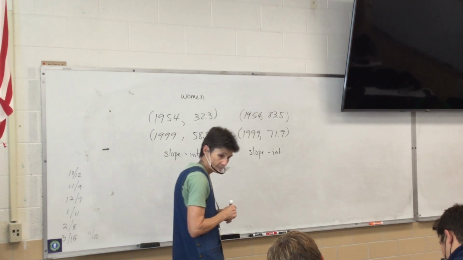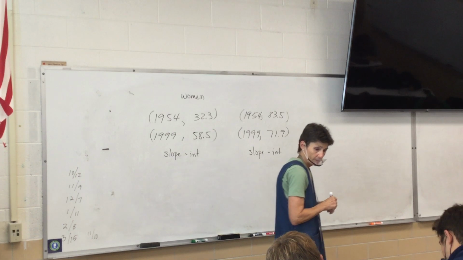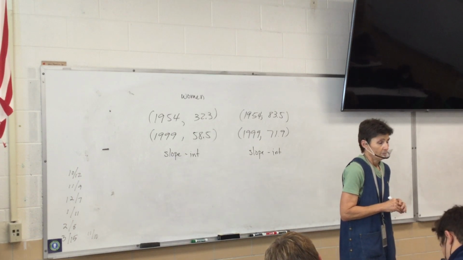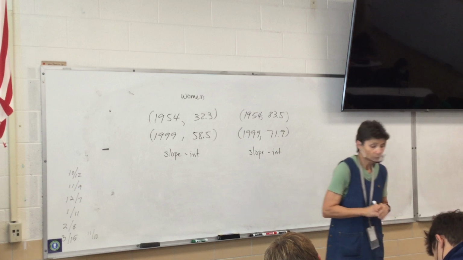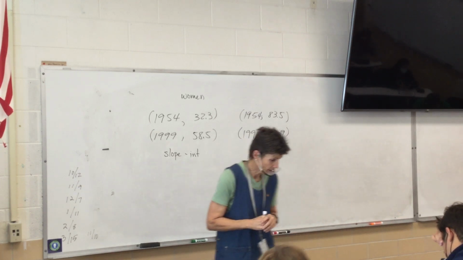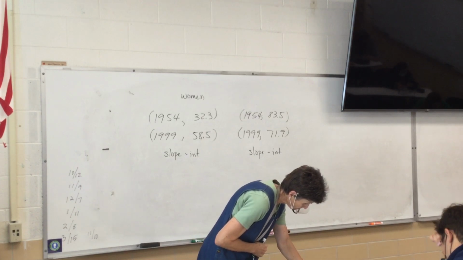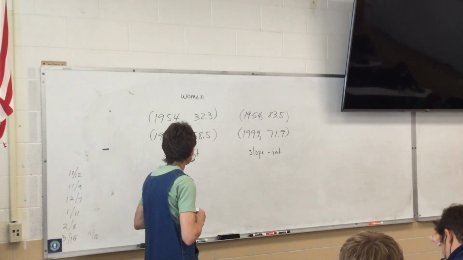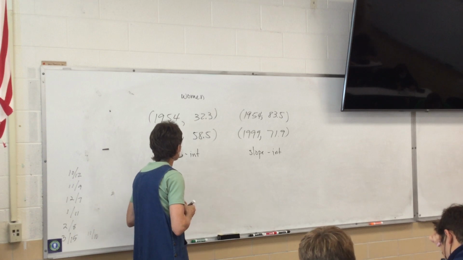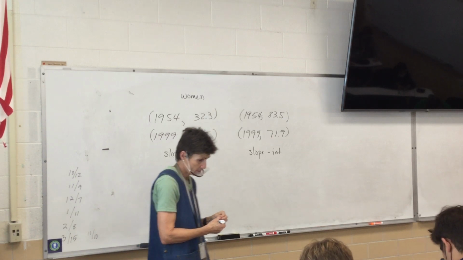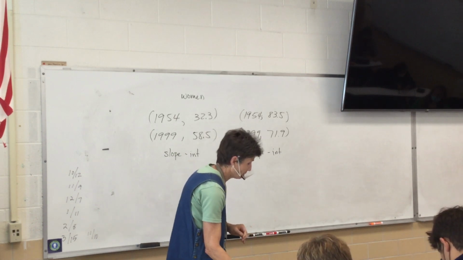So we should be finding slope first, right? You can go ahead and round it off to like 100 or something. And then pick a point, plug it in, and simplify it.